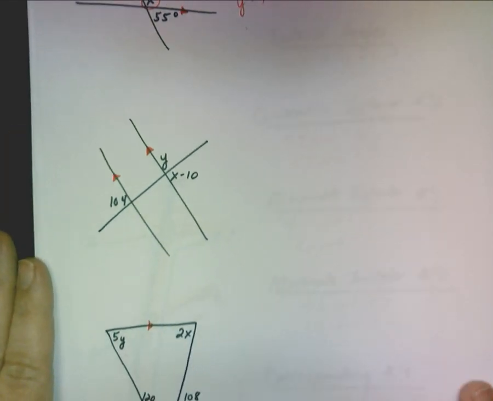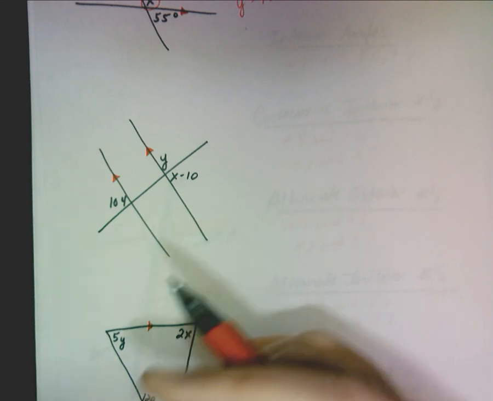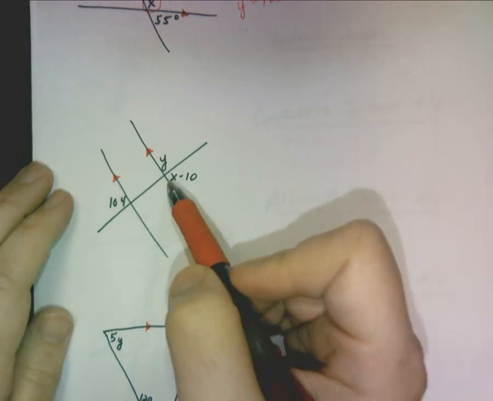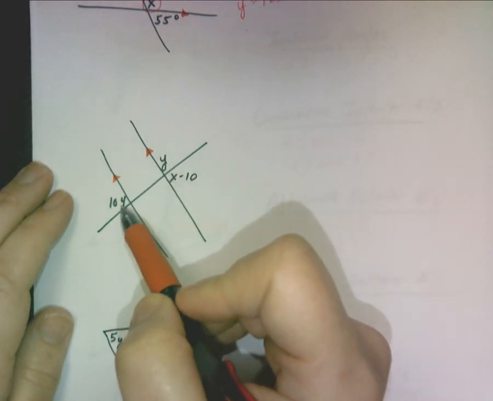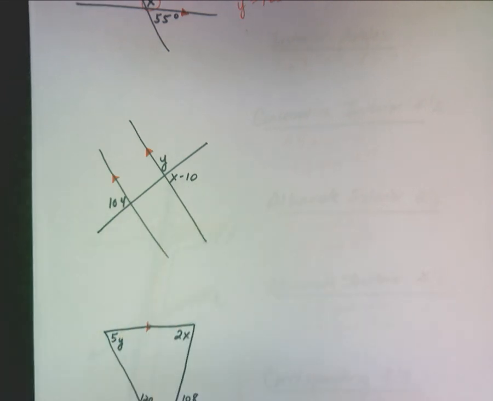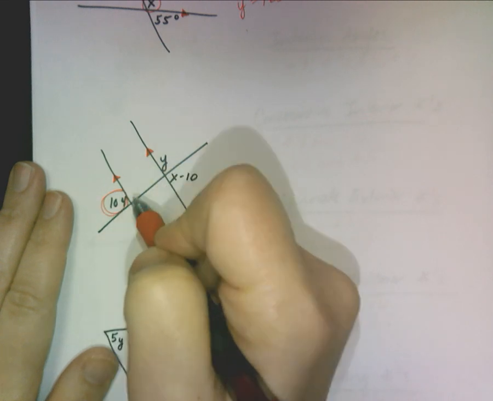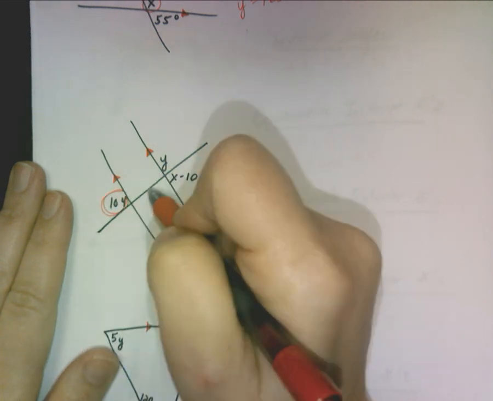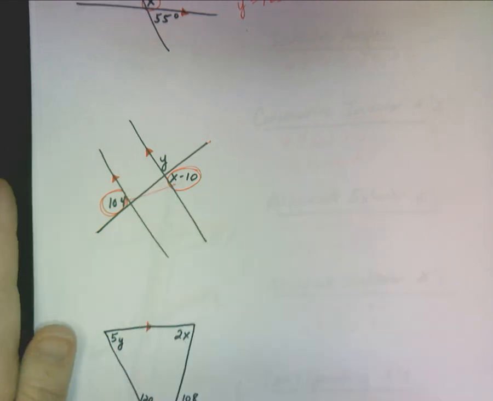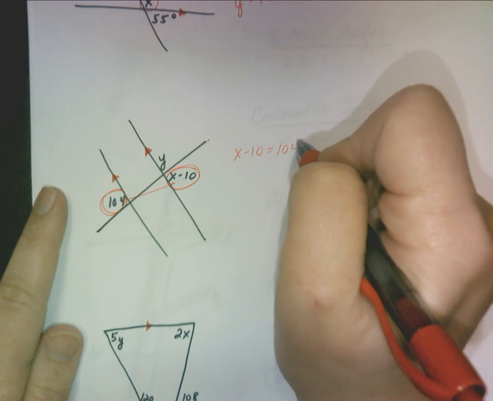Let's try this one. Find x and y. All right, so again, these two are making a linear pair. I know they're supplementary. These two, what do I know about these two? I'm looking at it like this. This is an exterior. Again, this is my transversal. This is an exterior. They're alternating exteriors, so I would say that they are equal.